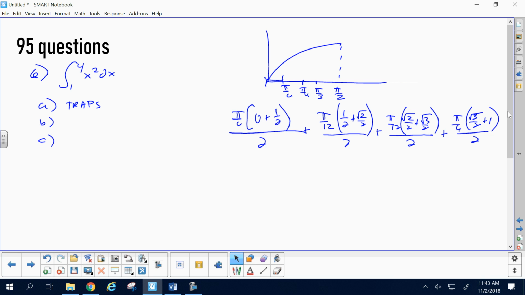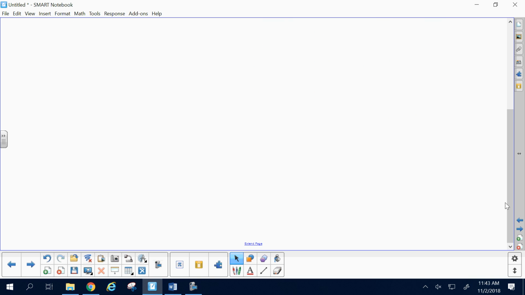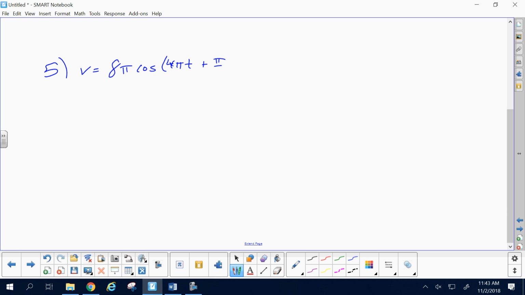5. So, you are given a velocity function, V equals 8 pi cosine of 4 pi t plus pi over 2, and you're to find the total distance in the positive direction.